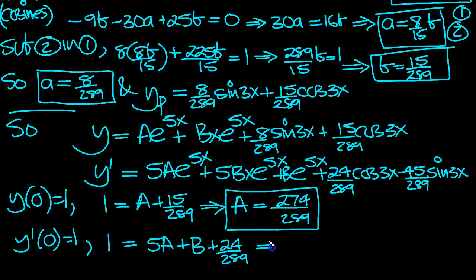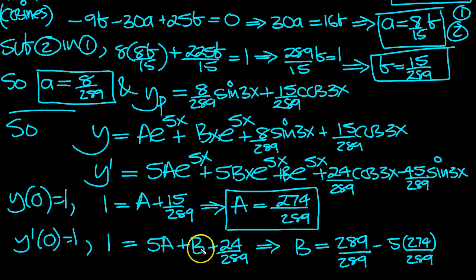So this tells us then that B will equal 289 over 289, that's the 1, take away 5A, minus 5 lots of 274 over 289, and then minus 24 over 289.